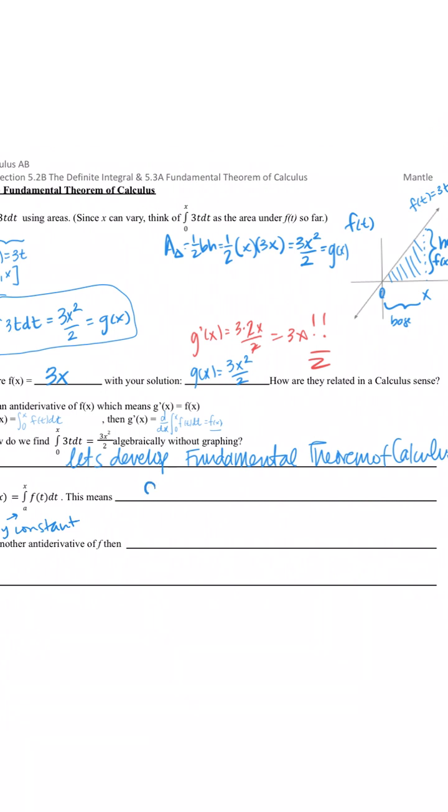that if I take the derivative of g, I'm going to equal f of x. Okay, now, if capital F is another antiderivative, right? This right here is an antiderivative.